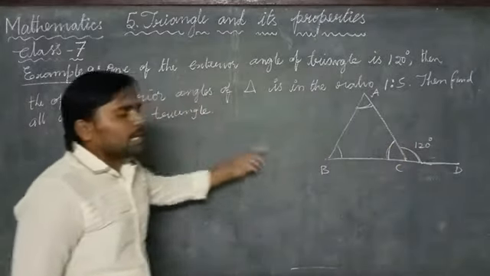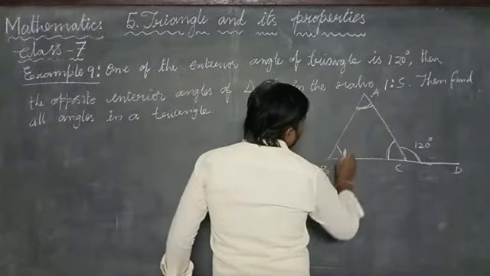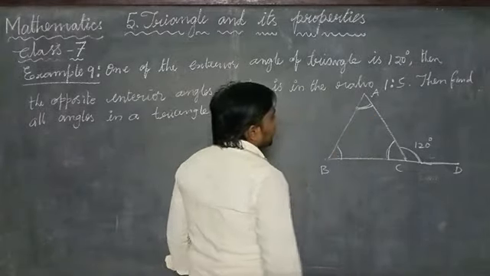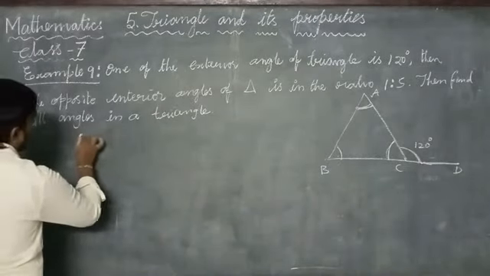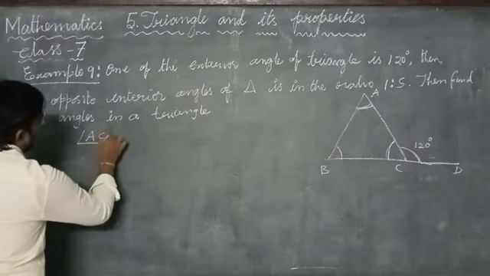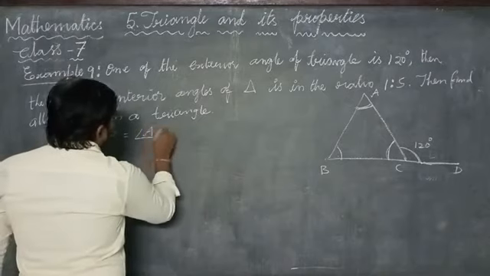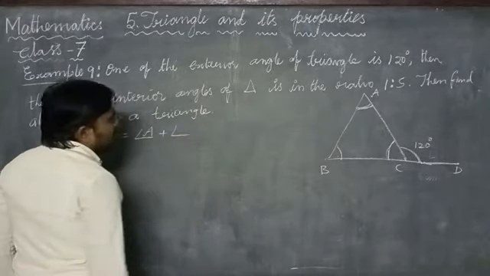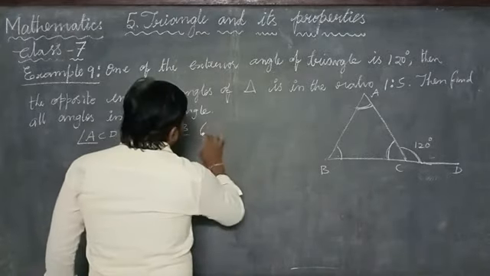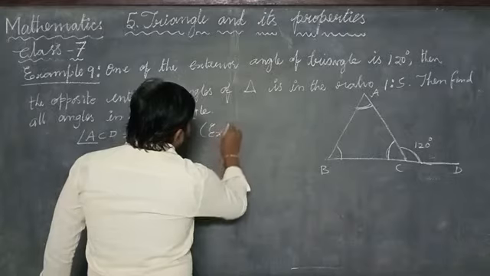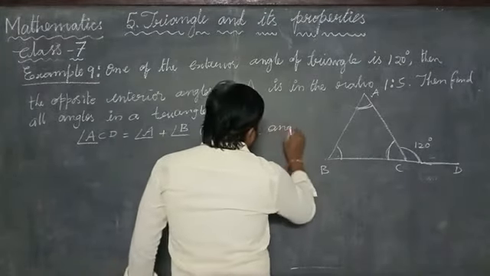They had given the ratio in the opposite pair of interior angles, angle A and angle B. Now angle ACD equals angle A plus angle B from exterior angle property.